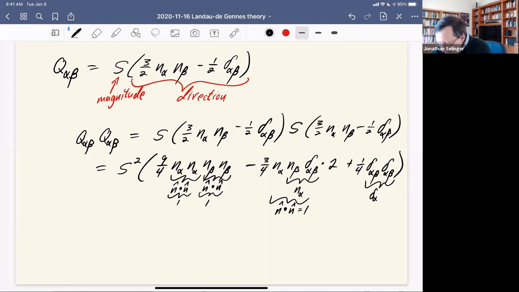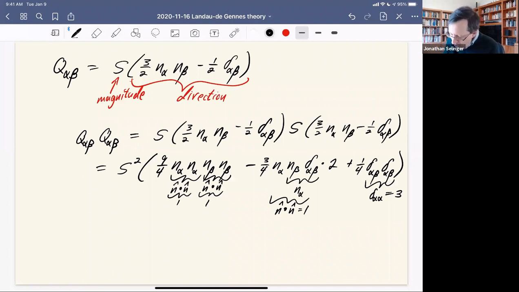So that is equal to delta alpha alpha, which means delta XX plus delta YY plus delta ZZ. So that's equal to 3. Okay. Students often think it's equal to 1. It's actually equal to the dimension of space. So it's 3.